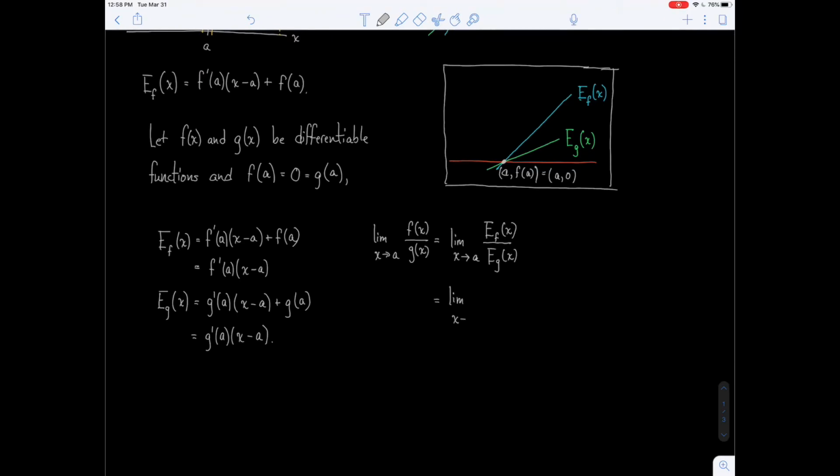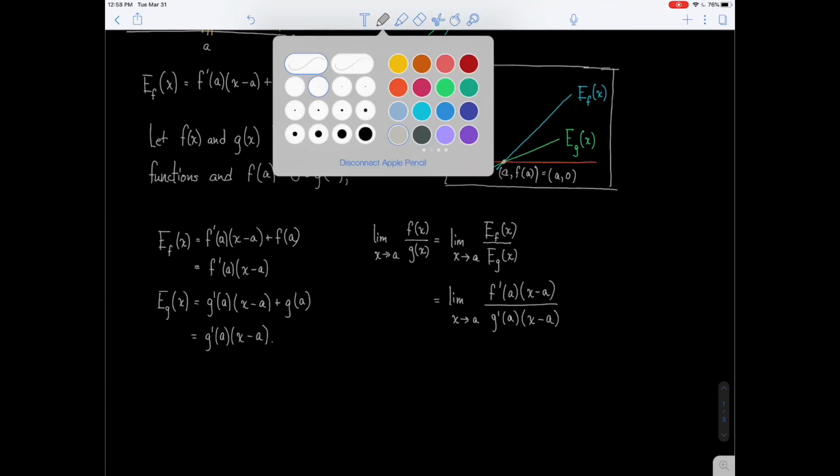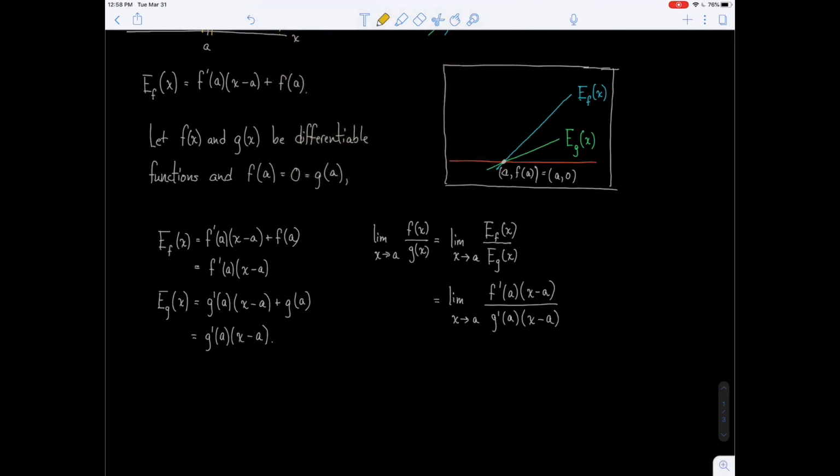as x approaches A of f prime of A times x minus A over g prime of A times x minus A. Oh my gosh. And look at this. I know some people don't think this is good mathematics to show what I'm going to cancel, but I like it.